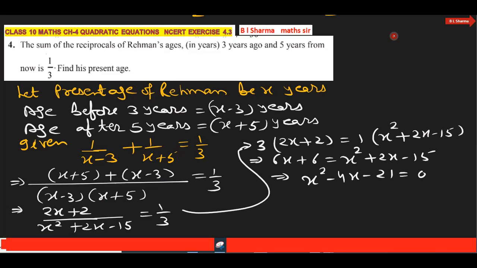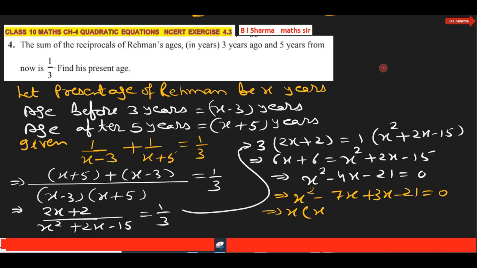Right. Now we can factorize it by splitting the middle term, or we can do it by the quadratic formula. Factorization इसका easy है. देखिए ऐसे दो नंबर तलाशिए जिनका product -21 हो, difference 4 हो, तो 7 and 3, we can write x square minus 7x plus 3x minus 21 is equal to 0.